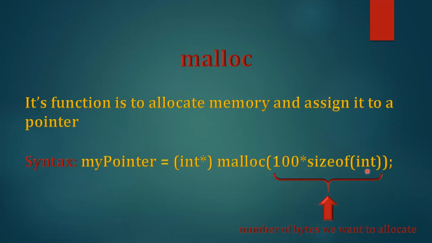If we are using a 32-bit machine, then the size of int will be 4 bytes, and the total number of bytes required to accommodate 100 integers will be 400. So this comes out to be 400 in that 32-bit machine. So we can use this format to make it perfect for all the machine architecture. And this is a standard syntax that is used while we use malloc function in dynamic memory allocation.